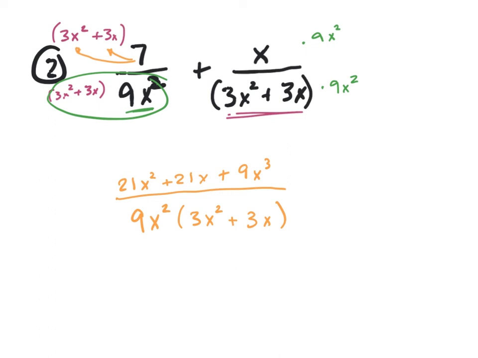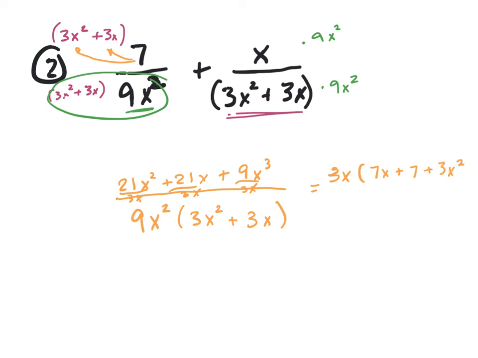Now I just want to simplify to make sure I can't cancel anything out. So out of the top, I know I can take out a 3 and an x. I'm taking out 3x. So divide everything here by 3x. So I have 7x plus 7, and then plus 3x squared.